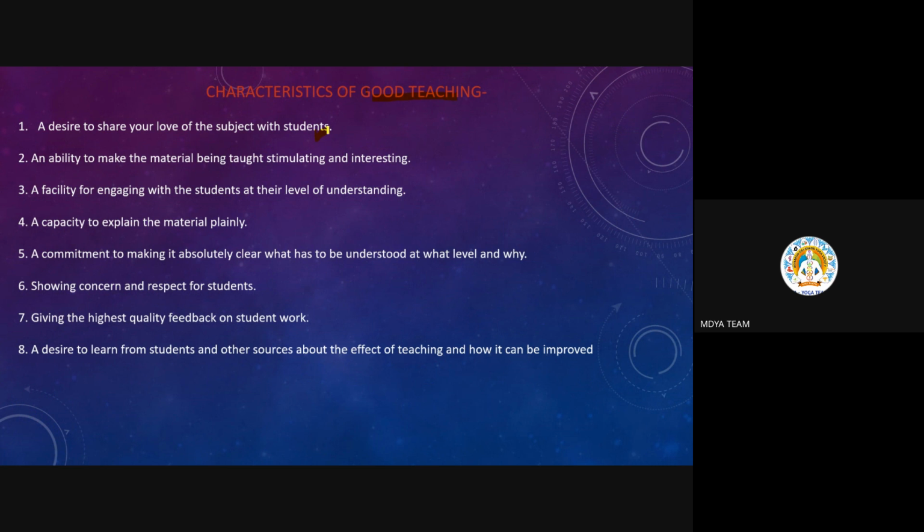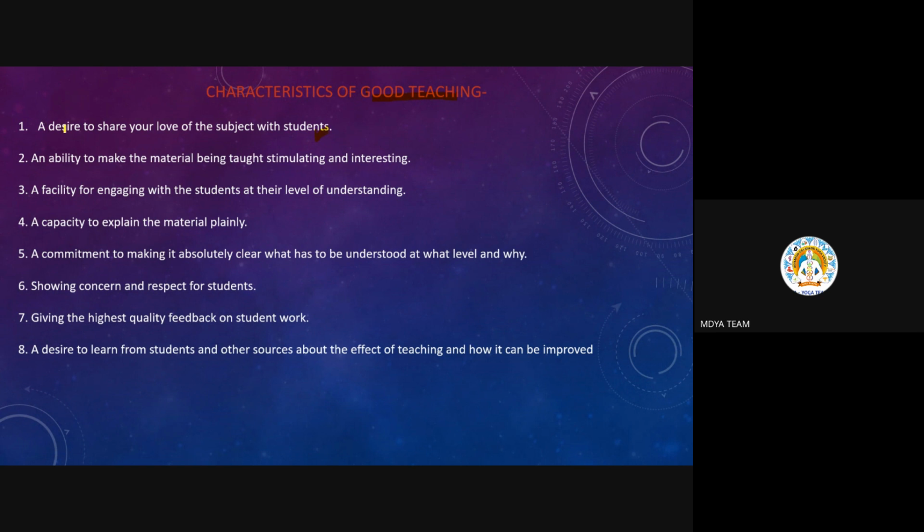So the teacher is given the subject that he or she studied in graduation or post graduation. It is assumed that if a teacher studied that subject, the teacher loves it, and he or she will learn to pass on that knowledge to the learners, okay?